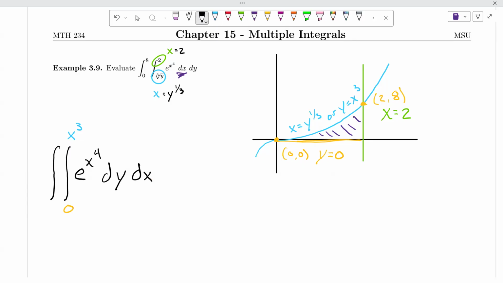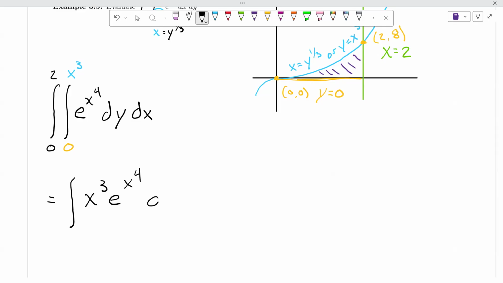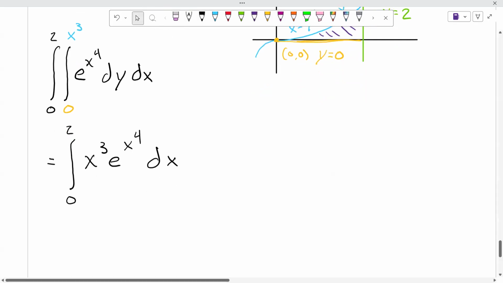X then just being bounded by 0 and by 2. And then this thing is rather nicely integrable. I'll have a y integral from 0 to x cubed. So this is just x cubed e to the x to the 4 dx from 0 to 2.